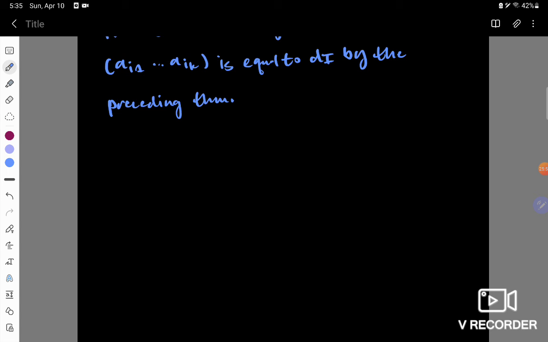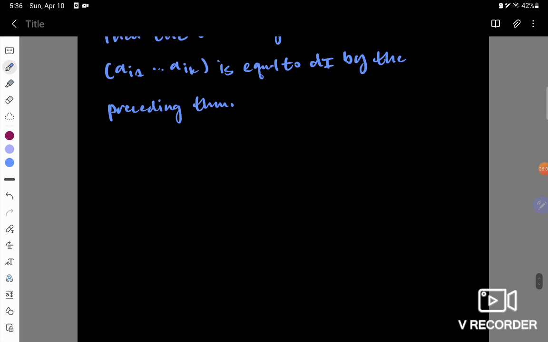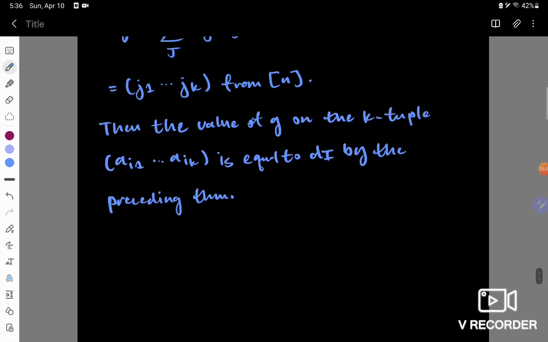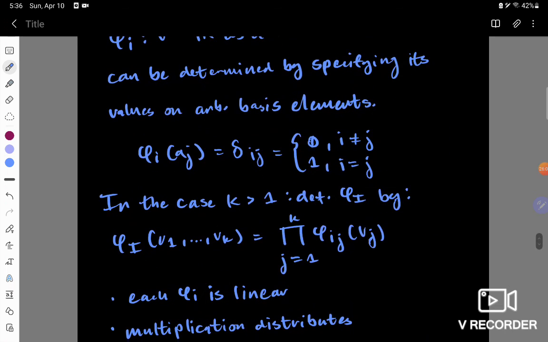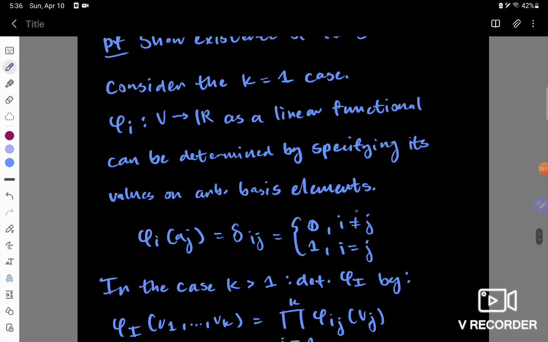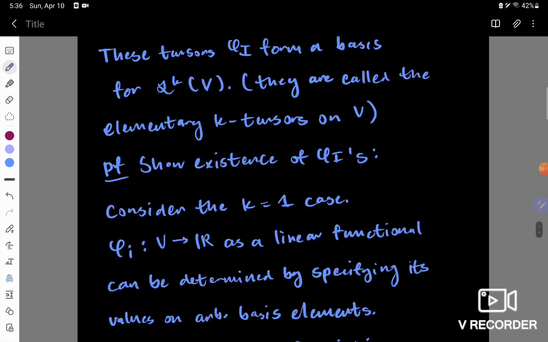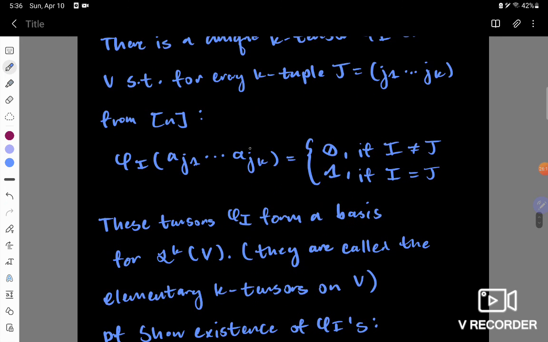Okay, and the one that we want to really look at is this construction of the agreement, similar to how we specified the dual for these indices singularly. It is this construction over here that we have to be equal to G. So how it acts now on these basis elements is going to just be 1 in accordance with this index set I being equal to J of k-tuples.